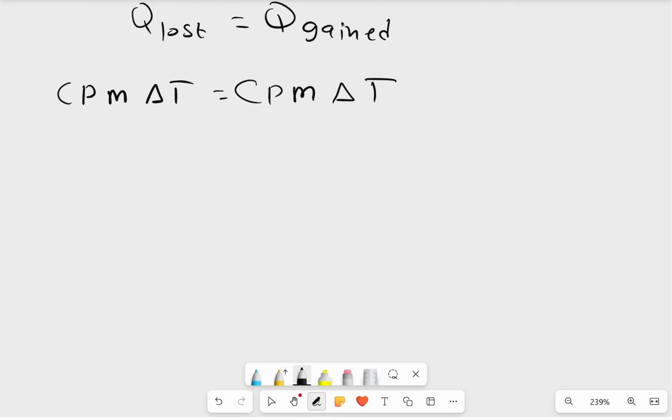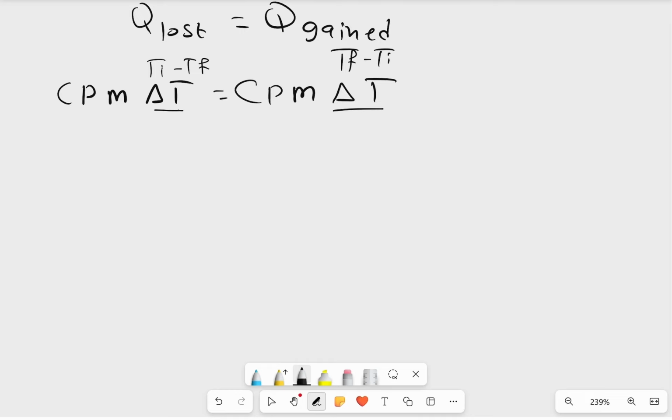Now, delta T for the ring is going to be T initial minus T final. Careful. Why is that? Because the ring is going to lose heat. Whenever a substance loses heat, delta T is T initial minus T final. For the water, because it has gained heat, it's going to be T final minus T initial.